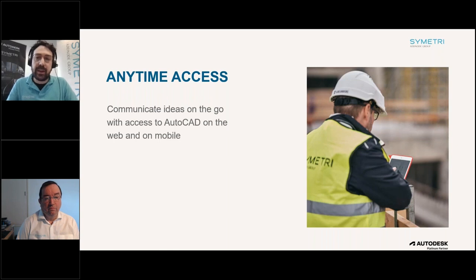You can add markups on your tablet or your phone, and then you can send all this information back to your coworker or your manager with your markups. They can send feedback back, and while you are on site, so you don't have your laptop in front of you, you can check all this information just with an application on your phone or inside your browser.